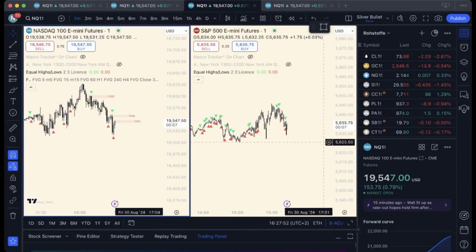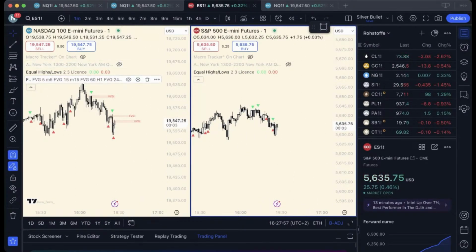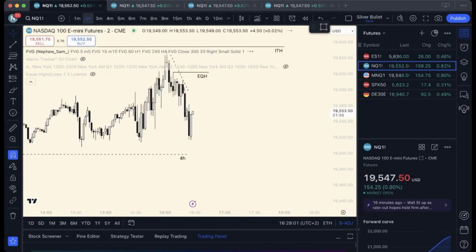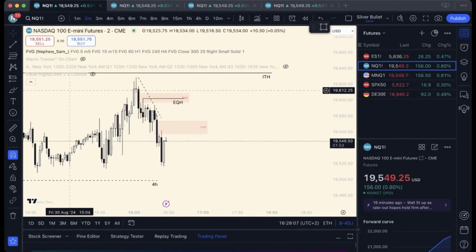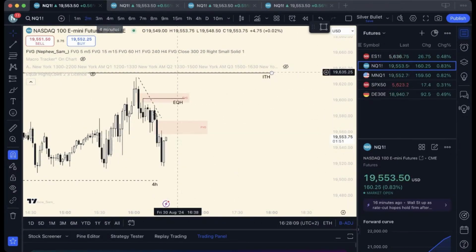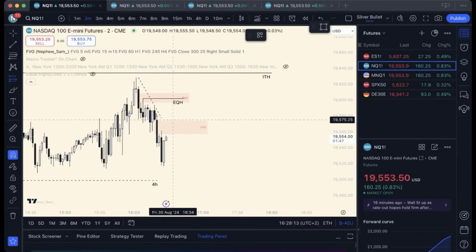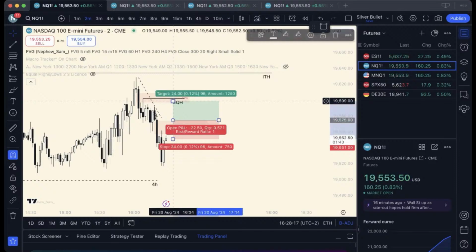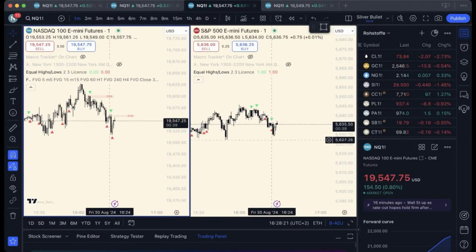Okay, we also have an SMT now. But the entry is not too good. I would be taking it if we inverse this 2-minute now with a strong up move. I would take it because of the SMT.